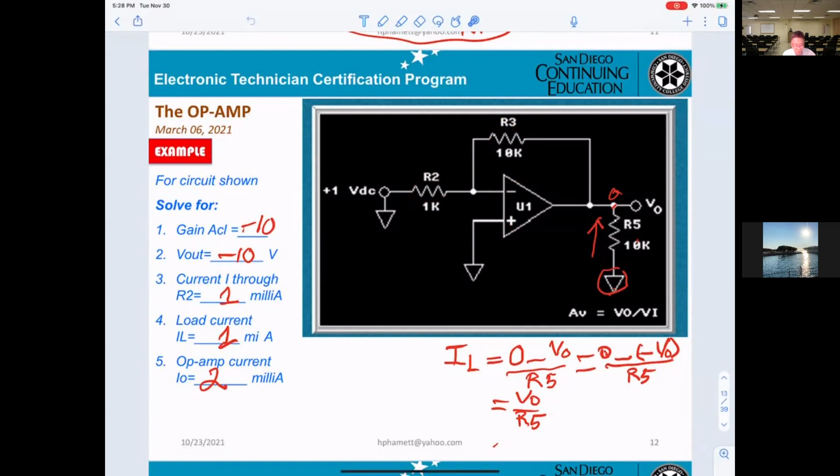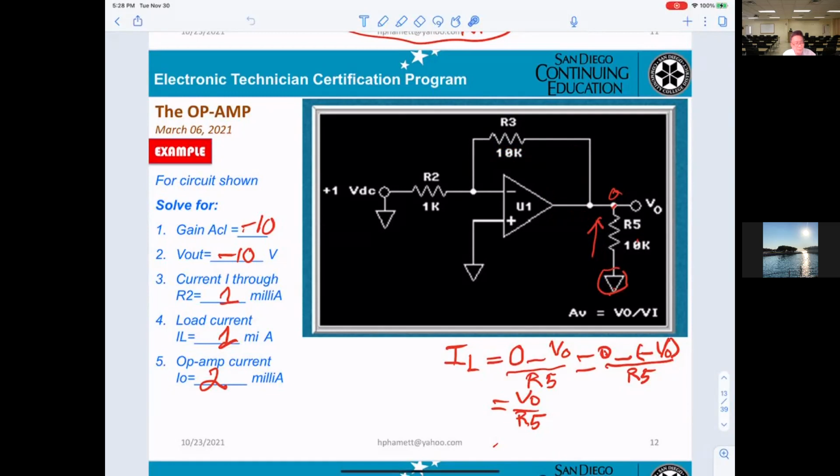Okay, and we also know the current coming from the input goes in this way. However, it cannot go down. It will go into the op amp. And you also get another current from the load going into the op amp.